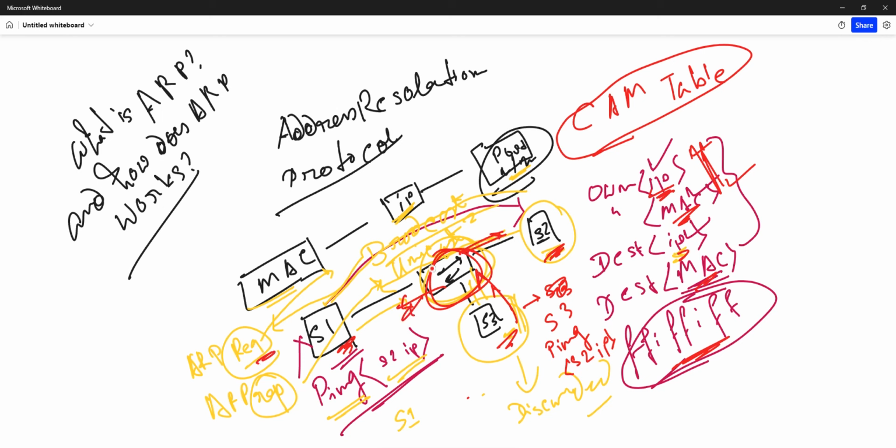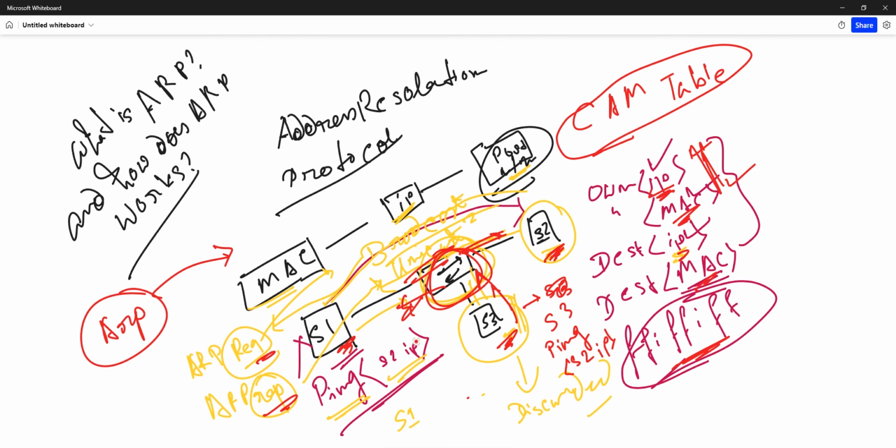That's called a request. S2 says, this is my IP address, this is my MAC address, and sends it back as a reply in unicast mode, and it stores this data. So if you run the arp command on S1 or S3, you can see the details. That's how ARP works.